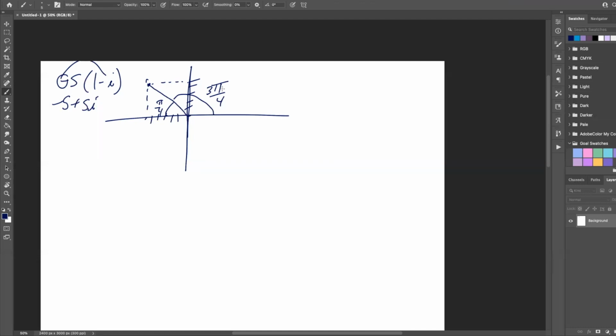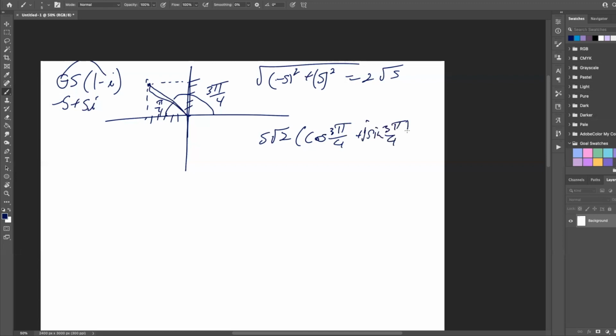That's our angle. And then what's this length right here? We take negative 5 squared plus 5 squared, take the square root, and I get 5 square root 2. So the polar form is 5 square root 2 times cosine 3 pi over 4 plus i sine 3 pi over 4.